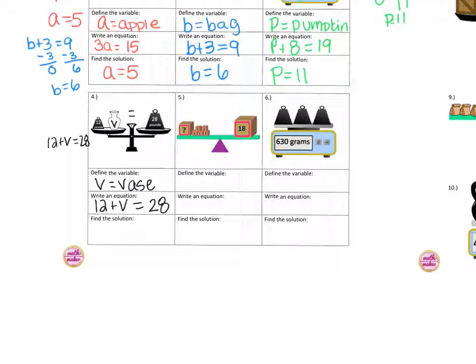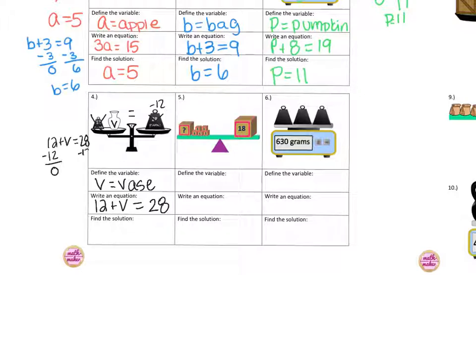To figure out what just the vase is, I could get rid of my 12-pound weight. So subtract the 12-pound weight from the left-hand side, and that would give me 0 pounds added to it. But then I have to also subtract 12 pounds from the 28-pound weight.